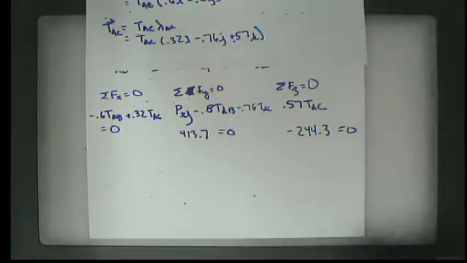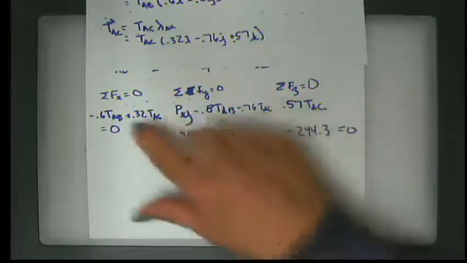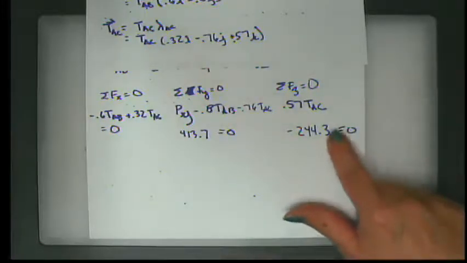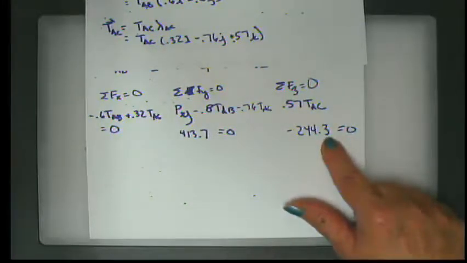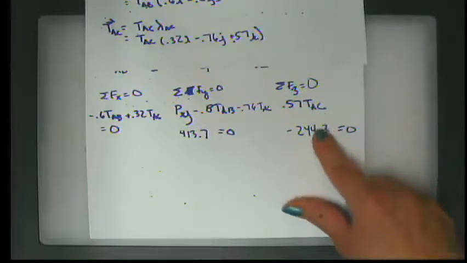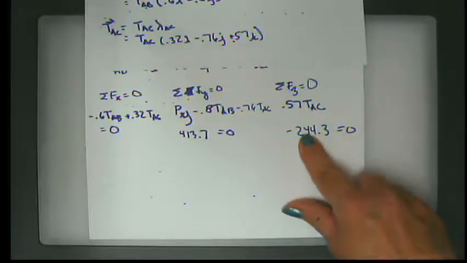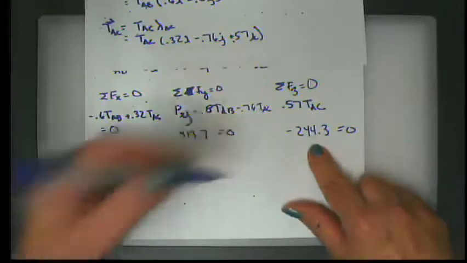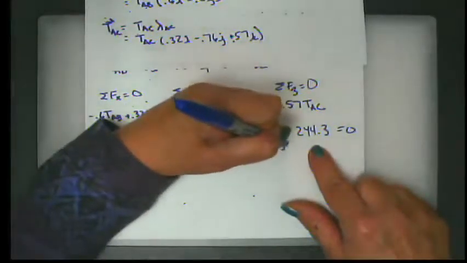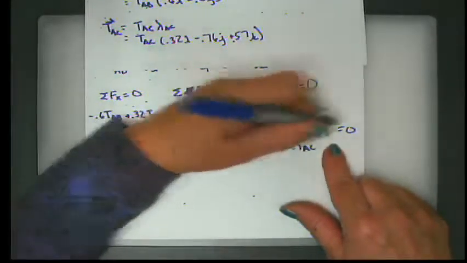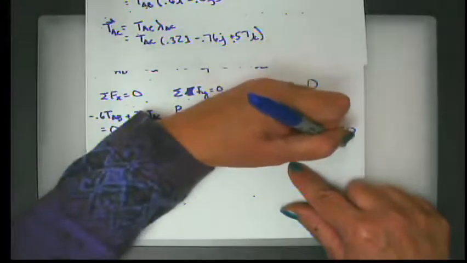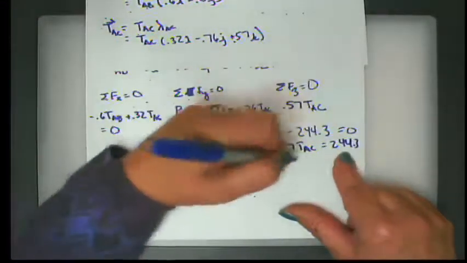Okay, now when I look at this, you can start anywhere, but what do you see about this one? Does this look easier in the z direction? Because I can solve directly for TAC here, can't I? Do you see that? I don't have to do a substitution. I can just say 0.57 TAC, bring this over to the other side of the equation, equals 244.3 newtons.